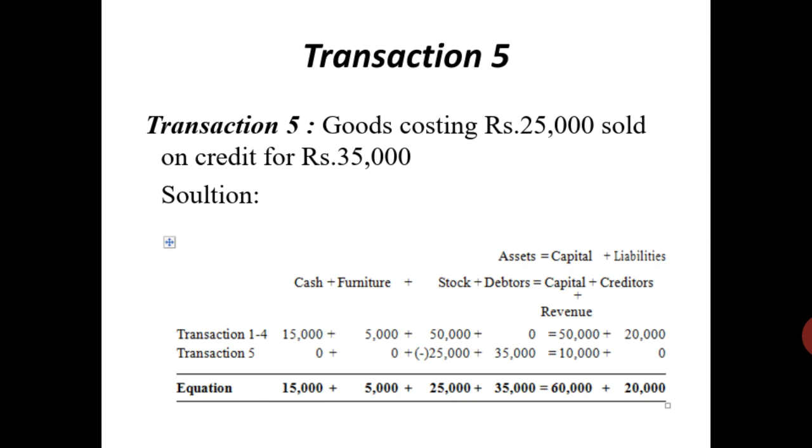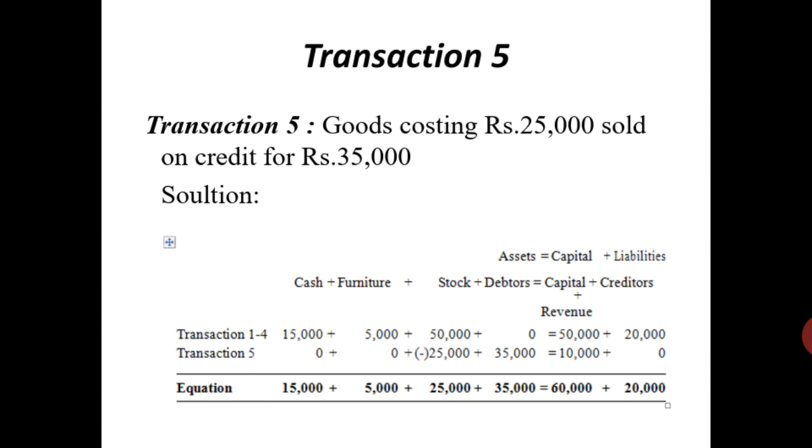But that will also increase the capital side by 10,000 rupees, meaning the amount of profit which will be added to the capital side, because the cost of the goods was 25,000 and it was sold by the company for 35,000.